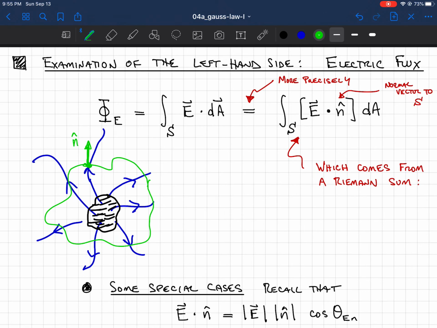And so what does it mean to take the dot product of E with n at every little piece of area? Well, it means that you look at a little area chunk here on the surface. You look at the normal vector, and you also look at the electric field vector at that point. So this expression says, go to every piece of area on the surface and take the dot product of the electric field at that area with the normal vector of that area.